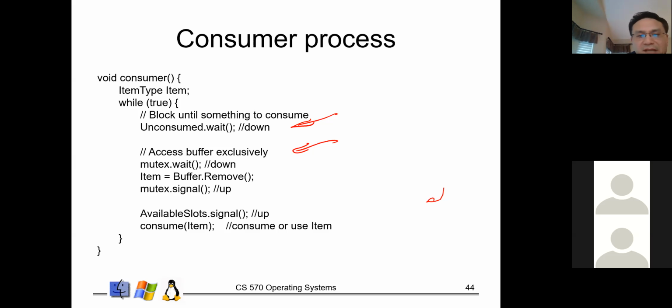A potential deadlock scenario here is that if we switch the order of the wait operation here and the mutex here, we could end up with potential deadlock, right? Why is that? Let's walk through this again, because I think this is important.